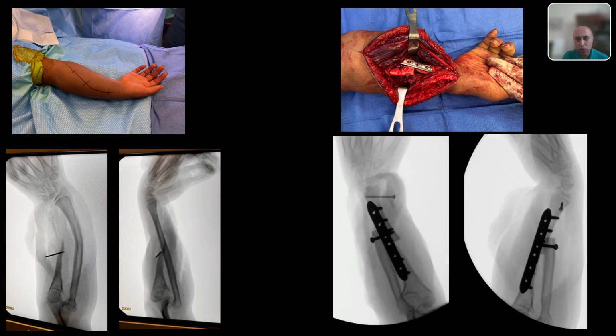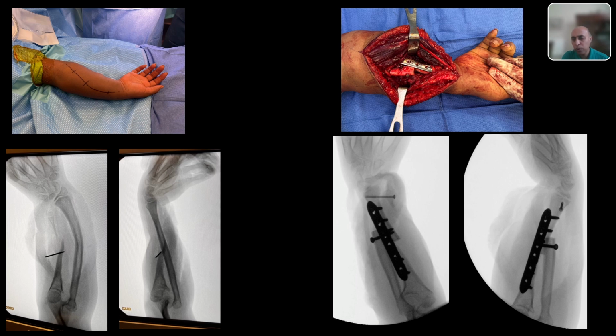So after discussing with the family and also the plastic surgeon, we decided to go ahead with the one-bone forearm. So this is what we did. We identified the middle segment of the ulna as shown there, resected the radius, and created a synostosis between the proximal part of the ulna and the distal part of the radius.